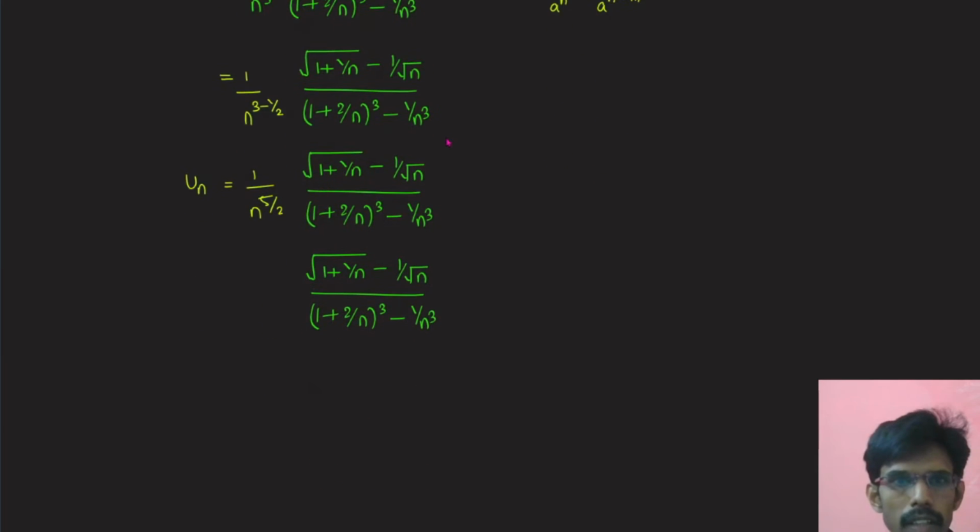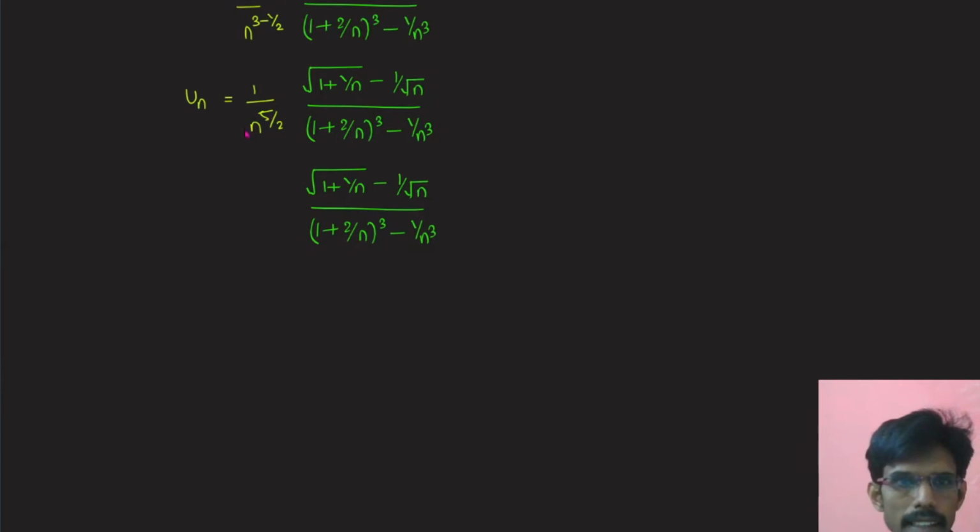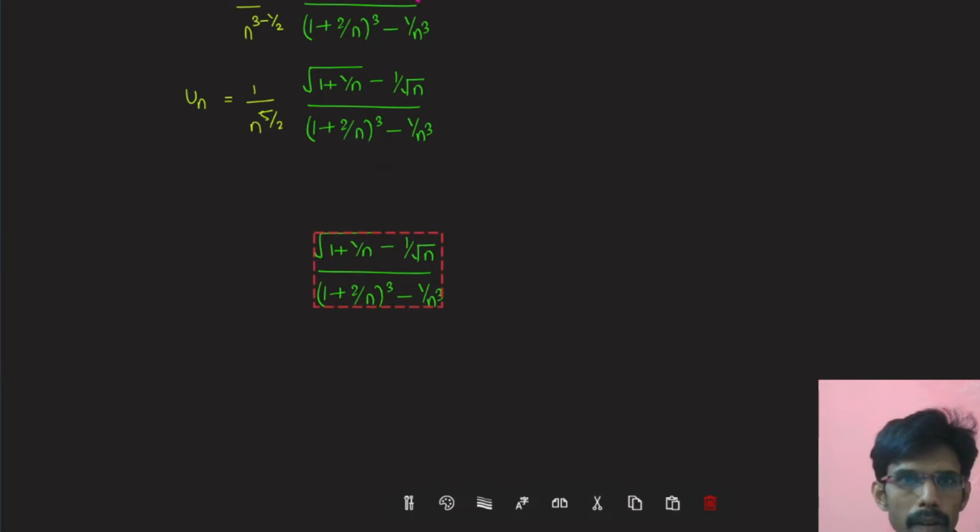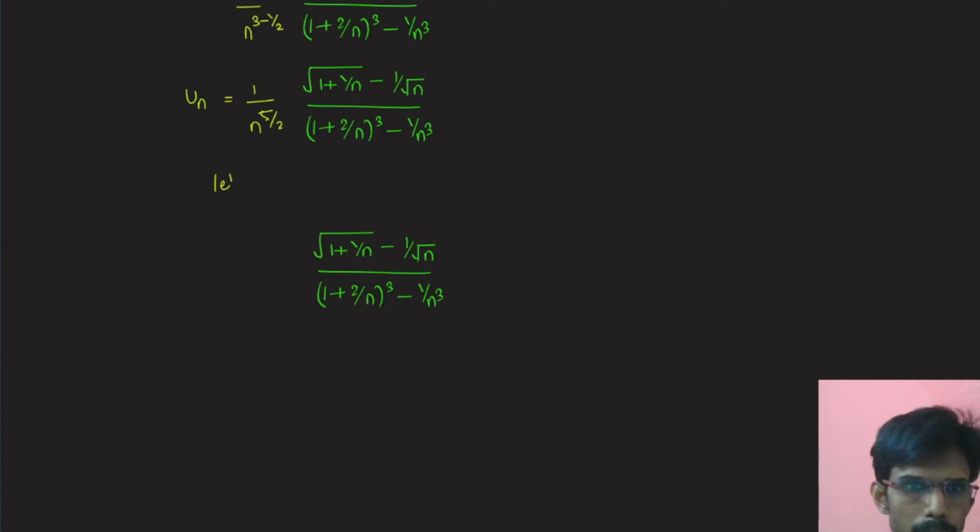Now let us take this term 1 by n power of 5 by 2 as Vn. Then here we have Vn into this term.